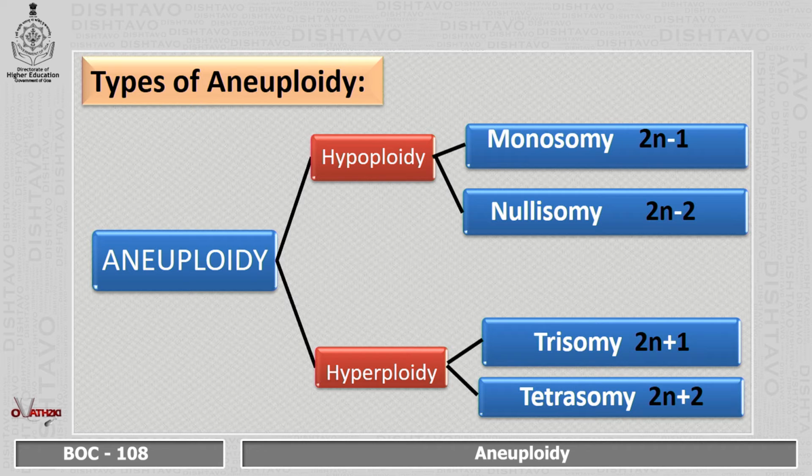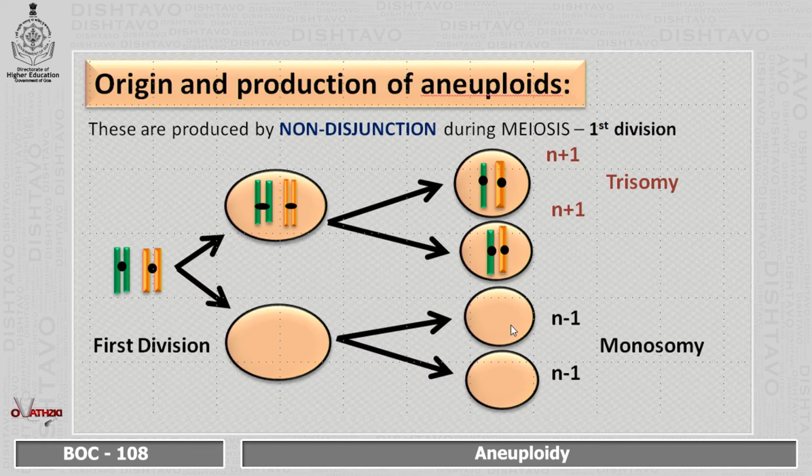And tetrasomy, 2N plus 2 chromosomes. There may be 2 chromosomes from 2 different pairs. Like this we see there is a change in the number of chromosomes in a set, and accordingly we classify them. Now, how are these produced?